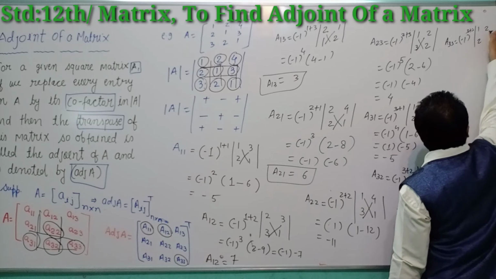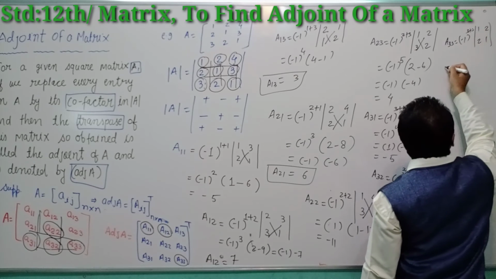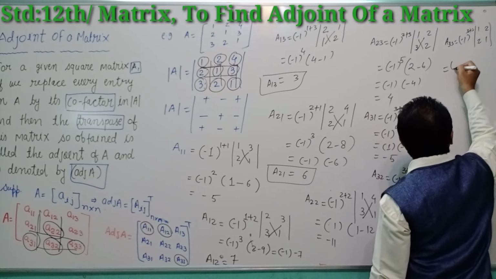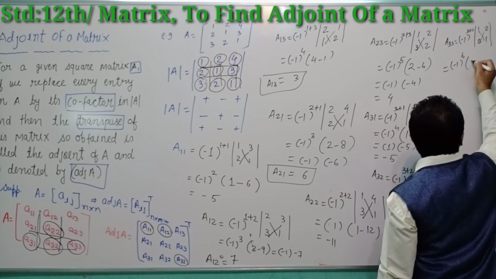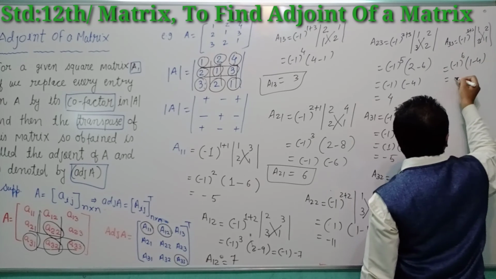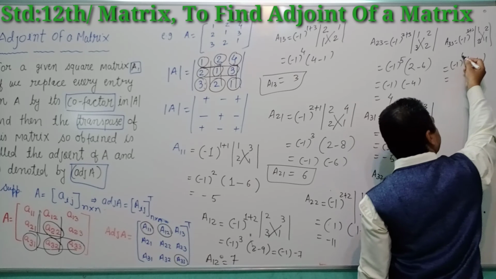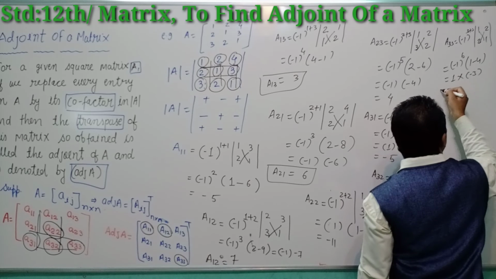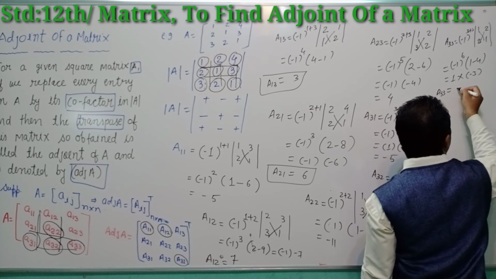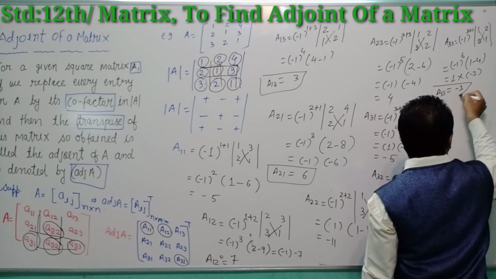So minus 1 whole is to the power 6. Cross multiplication, 1 minus 4. So minus 1 is to the power 6 gives 1, and here is minus 3. So A33 is minus 3.